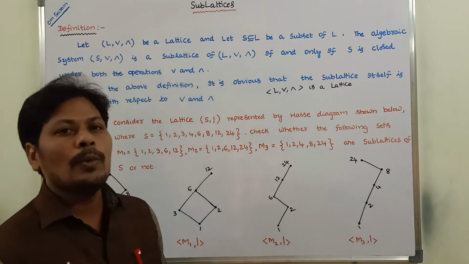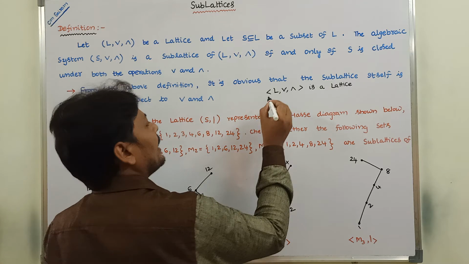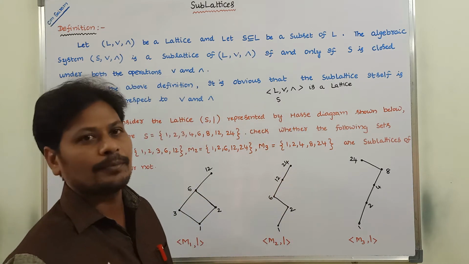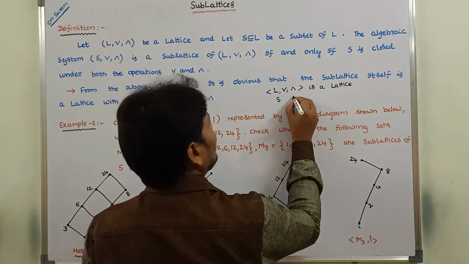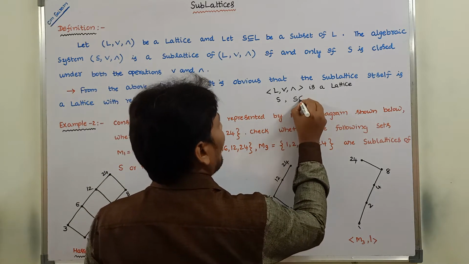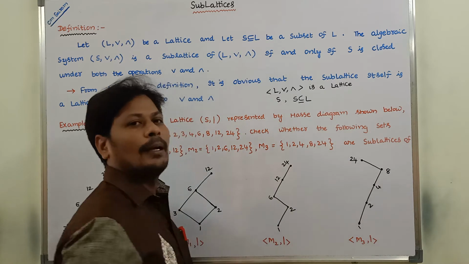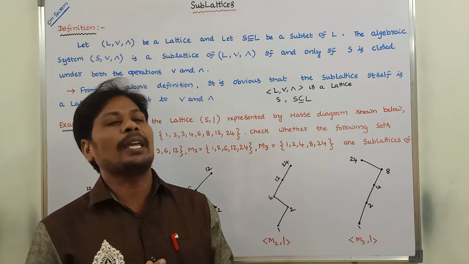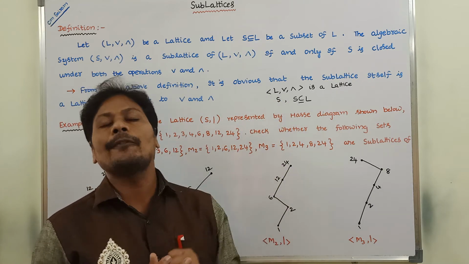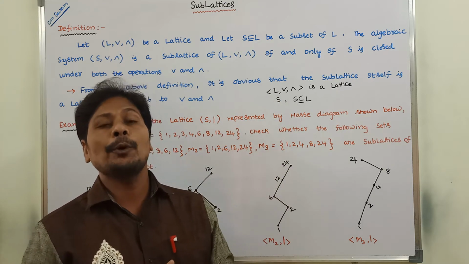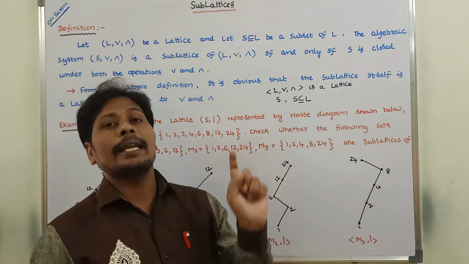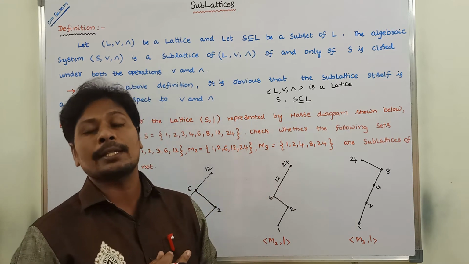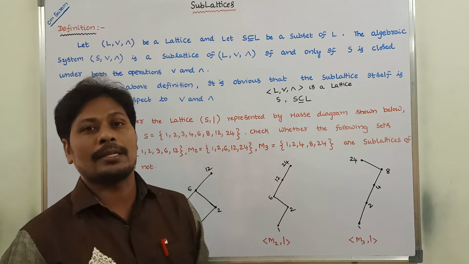Now consider another finite set, S. S is a subset of L. S is said to be a sublattice of L if and only if S is closed under both the operations join and meet.